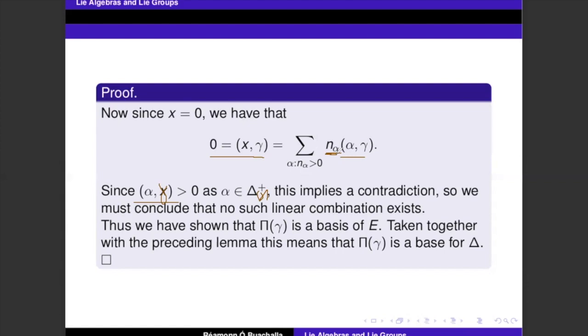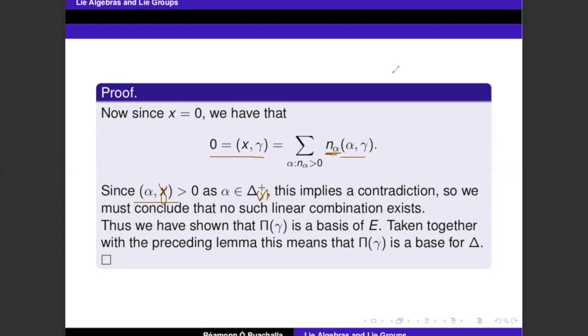And then when that is taken together with the previous lemma, where we showed that every element of the root space could be expressed as a positive or negative integer linear combination, that means we've satisfied the conditions for pi of gamma to be a basis, to be a base of a root system.